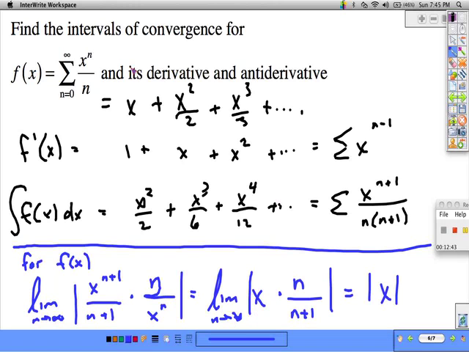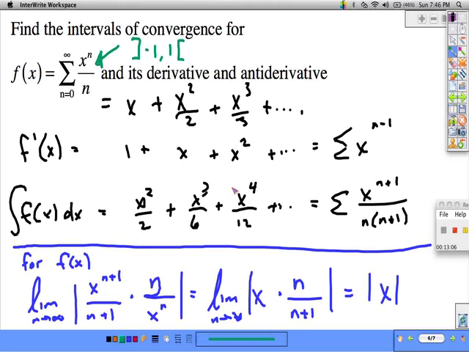So our function is centered at 0, and it has a radius of convergence of 1, and the interval that we get is -1 to 1 for its interval of convergence.